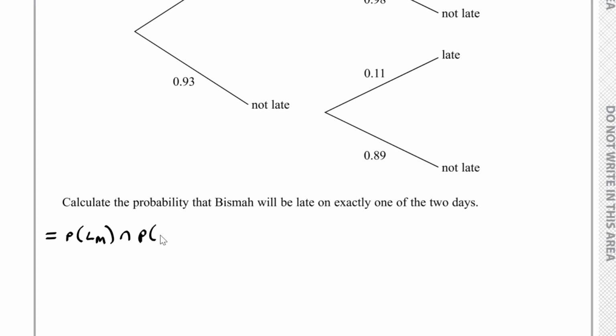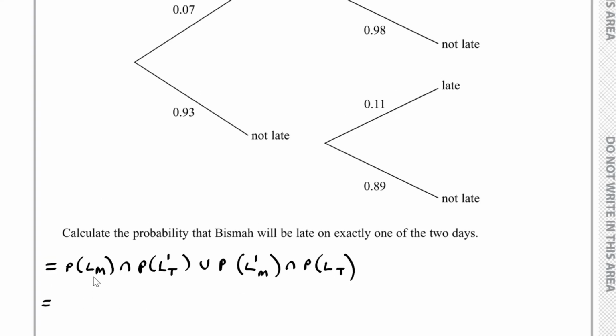Okay, so not late on Tuesday. And what else we can have? She can be not late on Monday, but then she can be late on Tuesday.